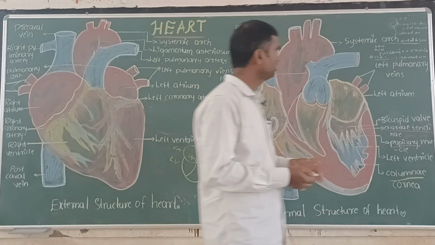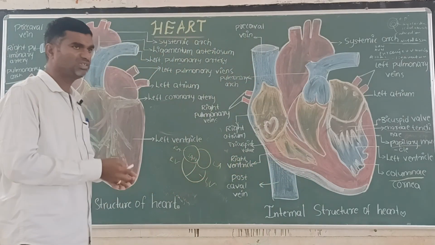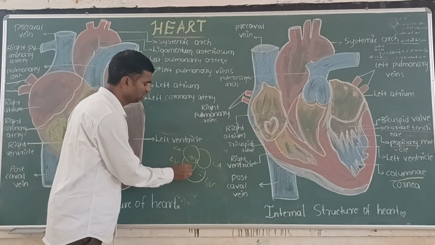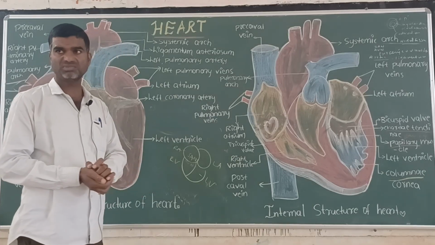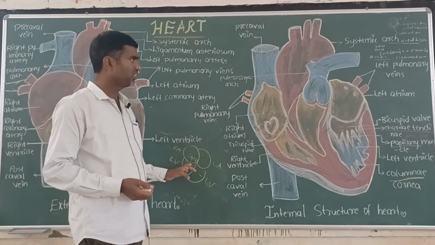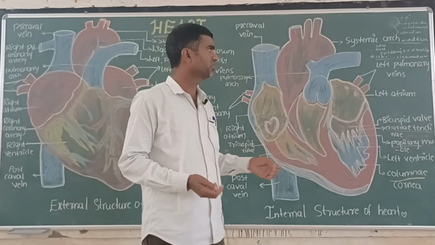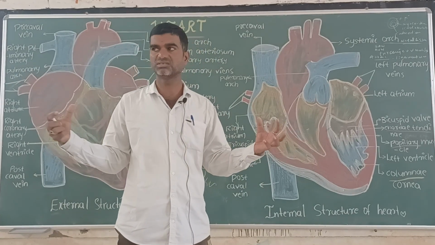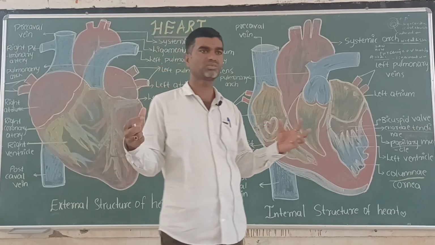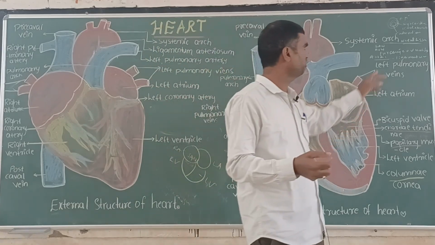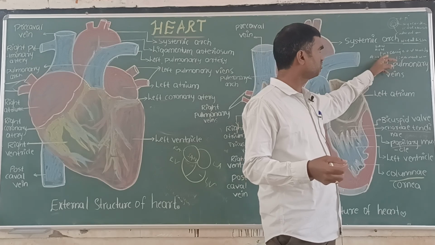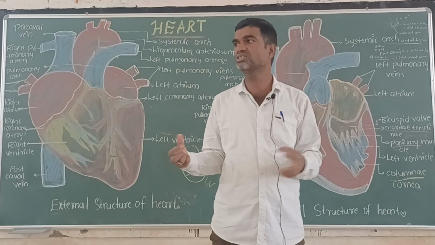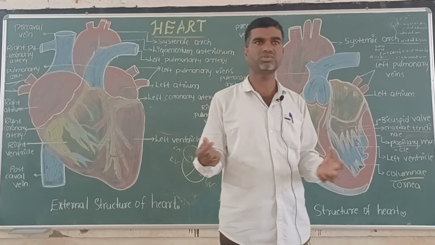And the next one is the AVN in the nodal tissue, okay. AVN means atrioventricular node. Through the atrioventricular node, the blood is pumping into the different parts, called the systemic arch and pulmonary arch.